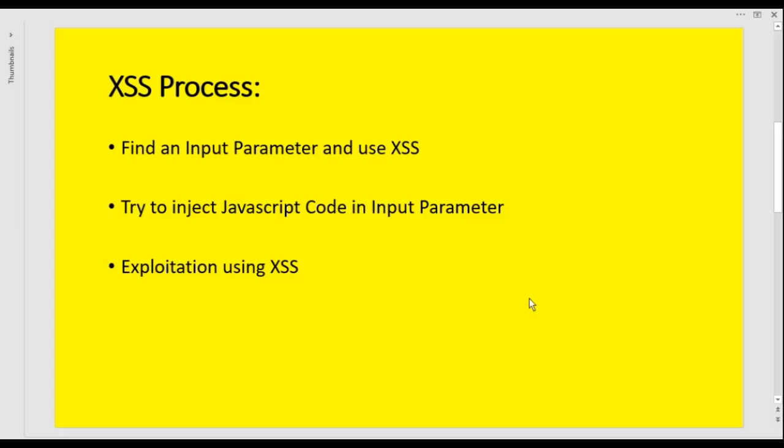And if we succeed, then there may be chances that there is XSS vulnerability on that web page. And to make sure, we will move on to next step, which is try to inject JavaScript code into that input parameter. And if we succeed, then make sure there must be an XSS vulnerability, okay? So we will go for the exploitation using XSS.